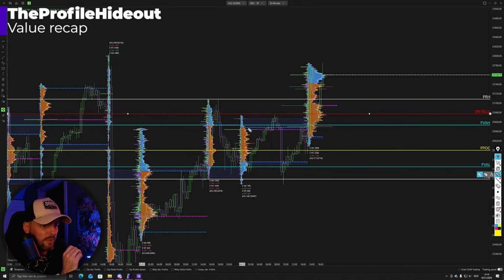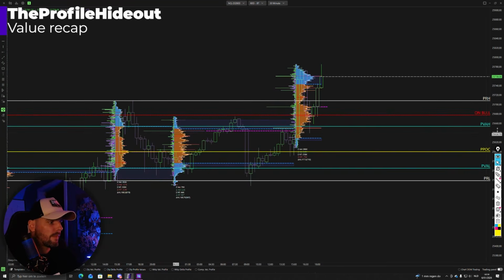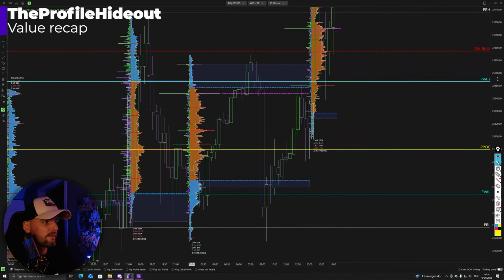In the overnight session, this is value. And then we have the highest volume node outside of value, which is, I'm gonna zoom in because it's really tight, really tiny. It's a little bit more obvious.